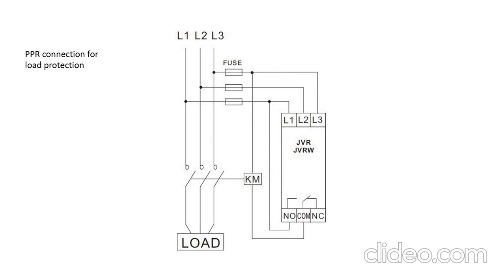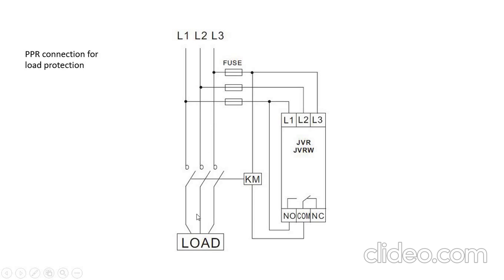So here is an example of how it is connected. As you can see, we have L1, L2, and L3 that are connected to the phase protection relay. So let's say this L2 is no longer working, or maybe there's been a breakage, or anything can happen to this line.